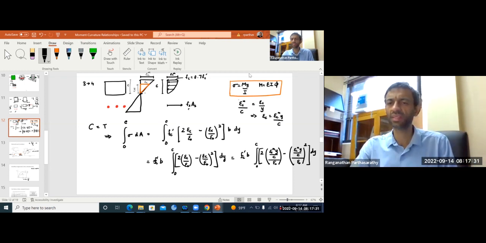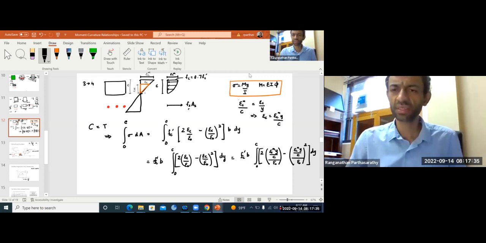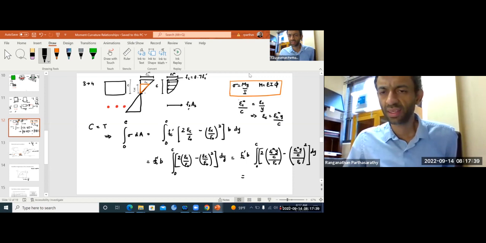So now c is a constant, so everything is a function of y inside. You can do the integral. You will get fc prime b and some expression in c, right?